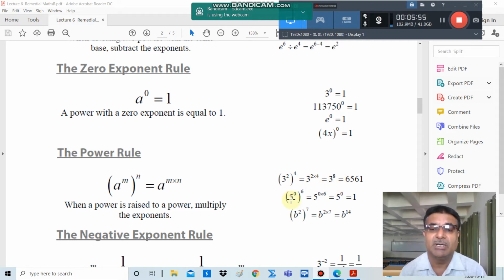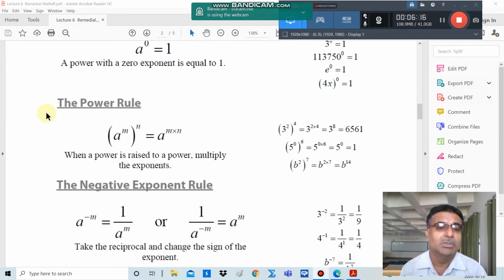Okay, similarly 5 to the power 0 raised to the power 6 will be equal to 5 to the power 0, that is 1. b to the power 2 when raised to power 7 is equal to b power 2 into 7, that is b power 14.